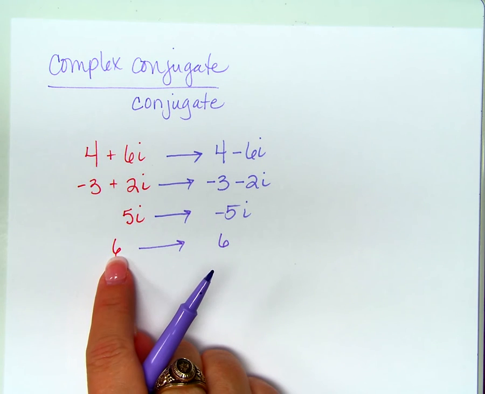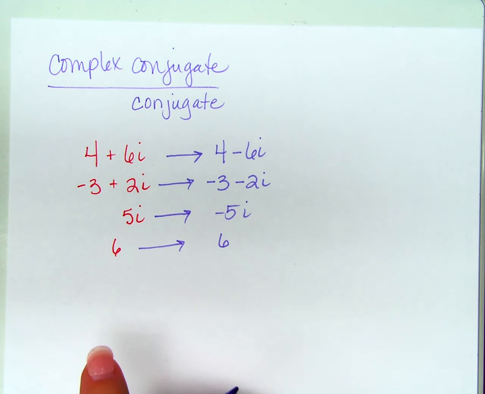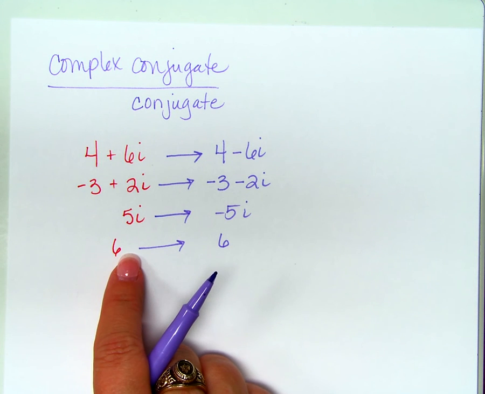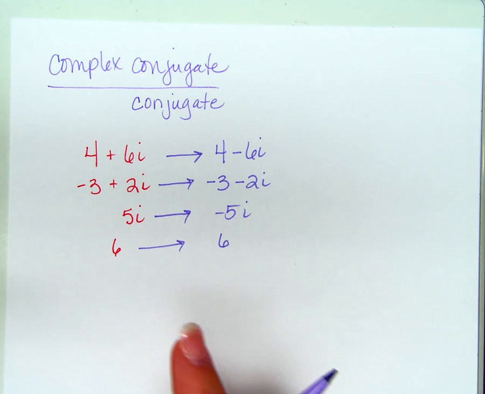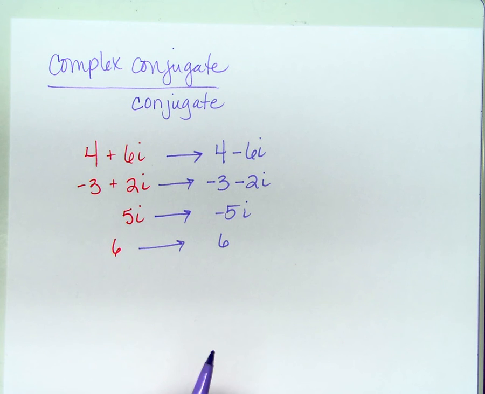I mean, we need to have an argument whether that's a complex number or not, but that's not for now. Okay. What would it really need to look like to really be a complex number? 6 plus, so like 0i. Yeah. Okay. But you can't really have minus 0 as opposed to plus 0, so it's still just 6. Does that make sense? Okay.